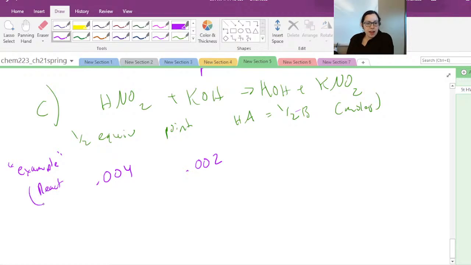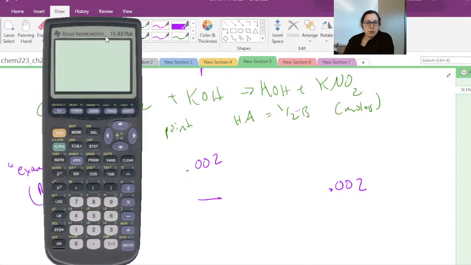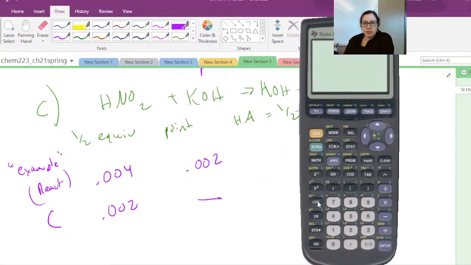So now we're going to react, or change. Well, that leaves us with 0.002 moles of our acid. Obviously, we consumed our KOH. But the key point is that at the half equivalence point, we also made 0.002 moles of our conjugate base species.